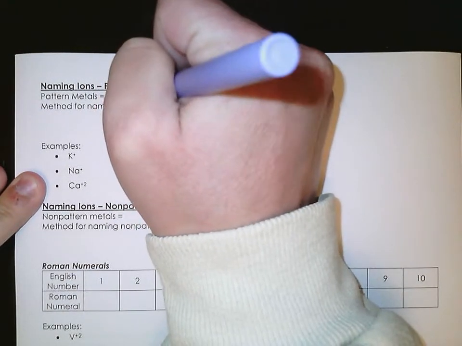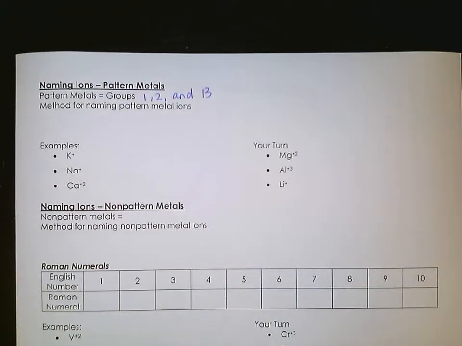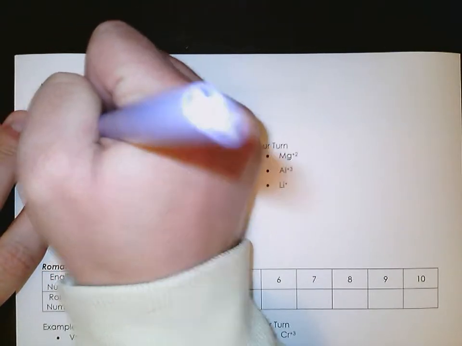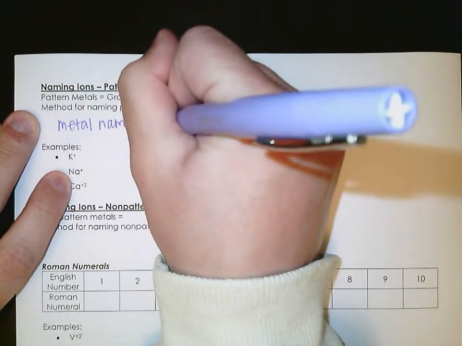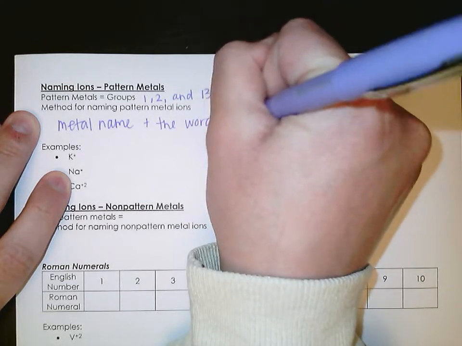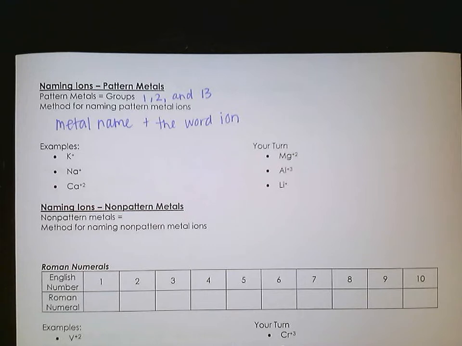Group 1, 2, and 13. So, only the ones that we just did on the front. And our method for naming these is we're going to put the metal name plus the word ion. That's our whole plan. Metal name plus the word ion. So let's do a couple of examples.